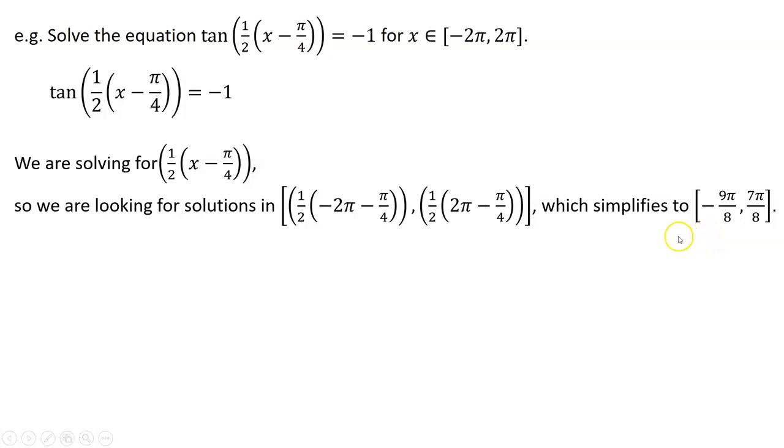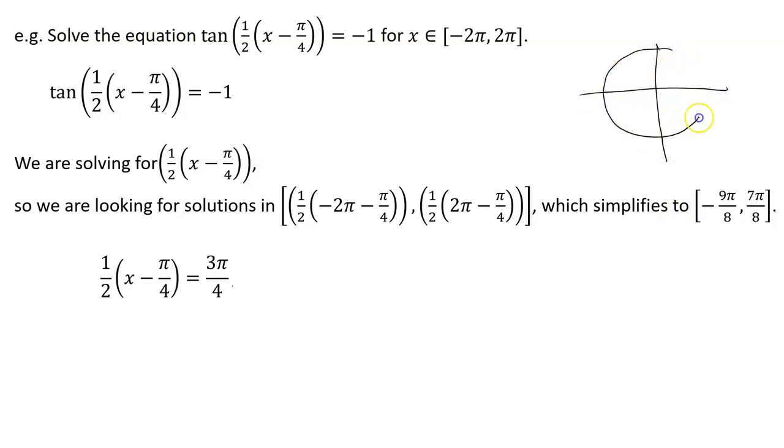So now inverse tan of -1 gives me 3 pi on 4. So this would give me positive. So here is my 3 pi on 4. I need to go around to the next place where tan is negative, which is over here.